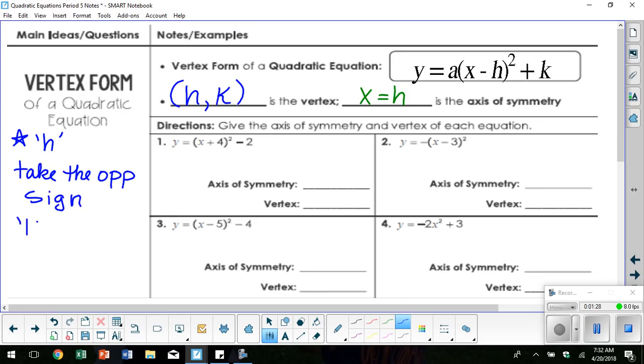But for k, you're going to keep the sign. Okay, so k for keep.